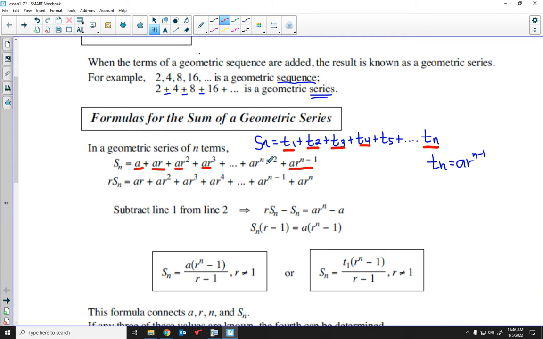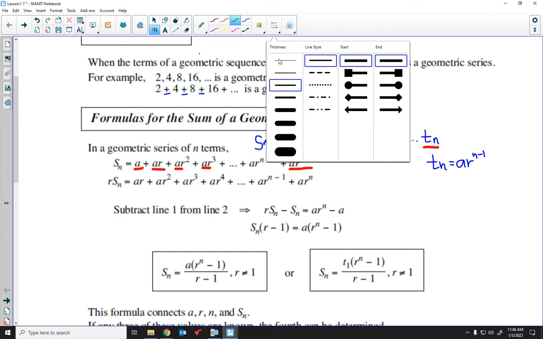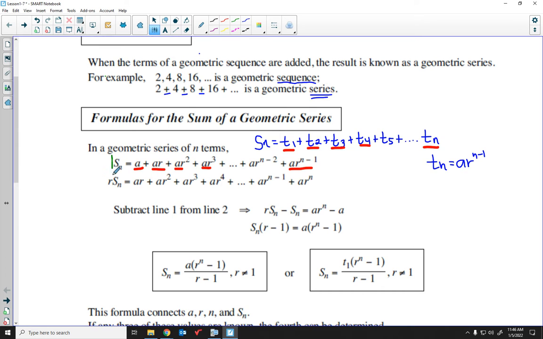So I've got this top equation here that shows me how I could calculate the sum of a geometric series. I'm just going to box this equation right now, and I'm going to call it equation number 1.